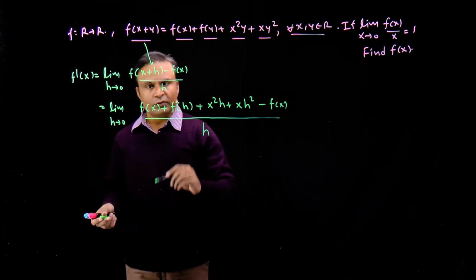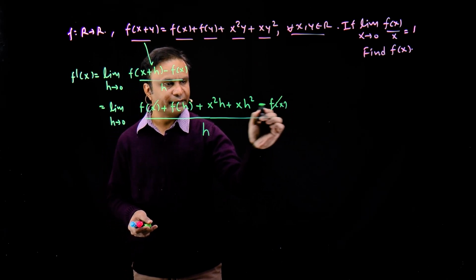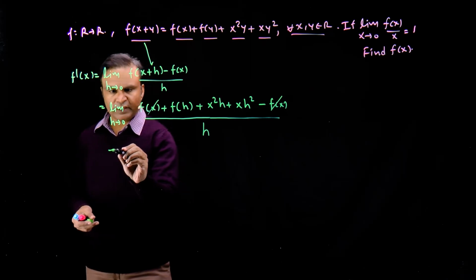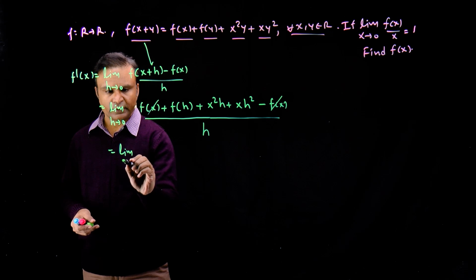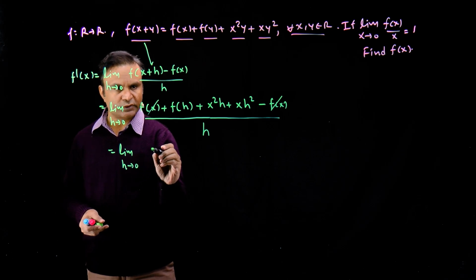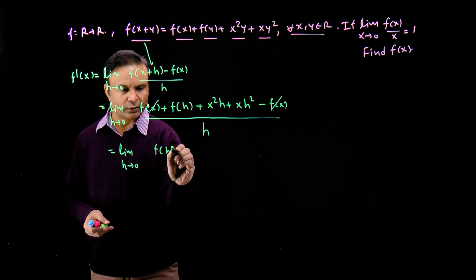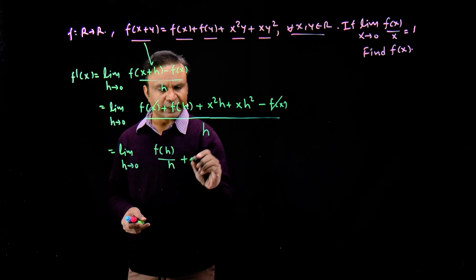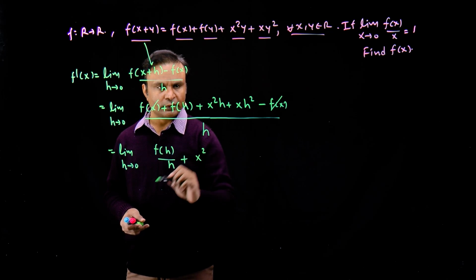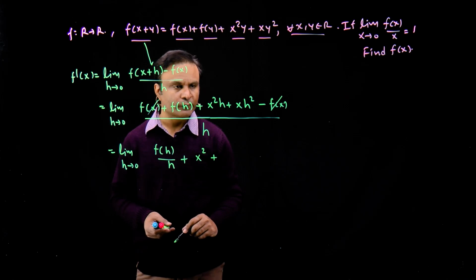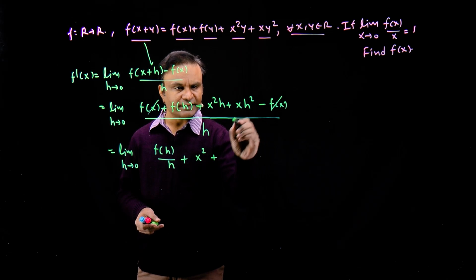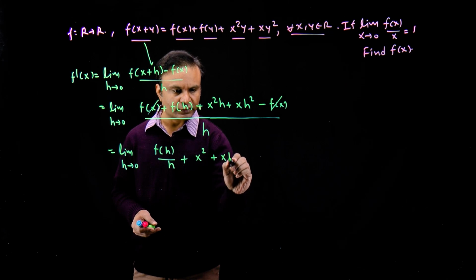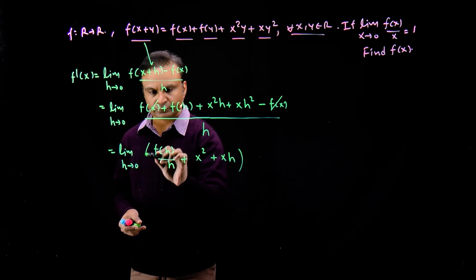Okay, now f(x) gets cancelled out, so we have limit h tends to 0 of f(h)/h + x²h/h, which is x², and xh²/h, this is xh.